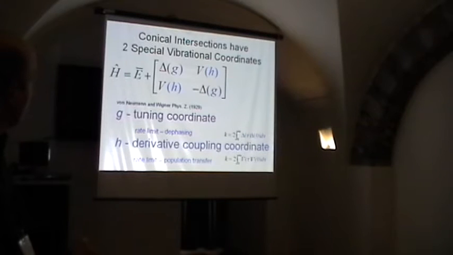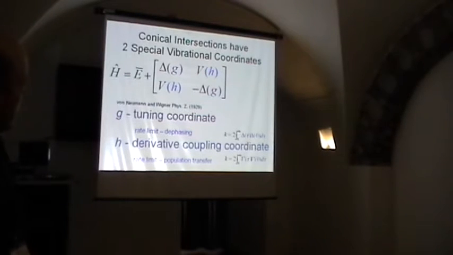A conical intersection has two special vibrational coordinates. Analysis goes back to von Neumann and Wigner. There's a G coordinate, which is known as the tuning coordinate, and it adjusts the energy gap to 0. And in the rate limit, this turns into dephasing, according to Redfield theory. And then there's the off-diagonal derivative coupling coordinate, and it also has to simultaneously go to 0 at a conical intersection.